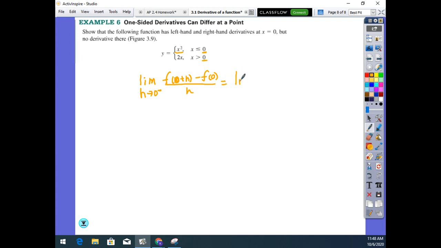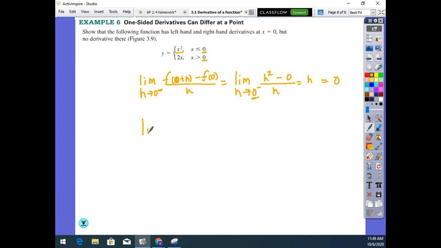That's the limit as h approaches 0 from the left of, when I plug in 0 plus h squared, I just get h squared, minus f of 0 is just 0, all over h. So really I just am left with h, and if I plug in 0, my slope is 0 from the left.